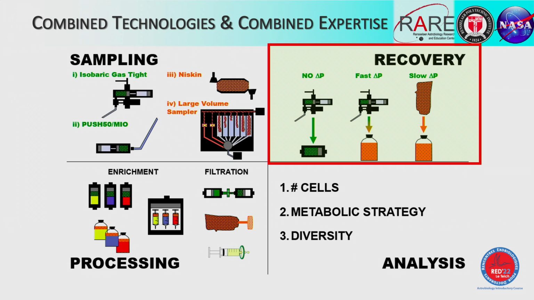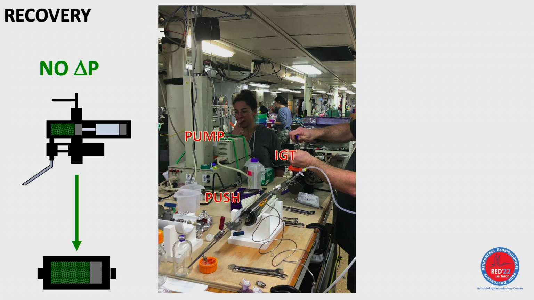So here you have the IGT, and it's under in situ pressure conditions. You have here an anoxic line, just to make sure the transfer line between the IGT and the recipient vessel is without oxygen.